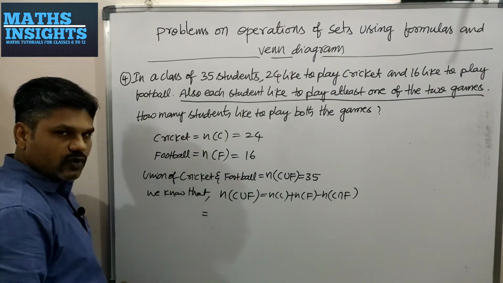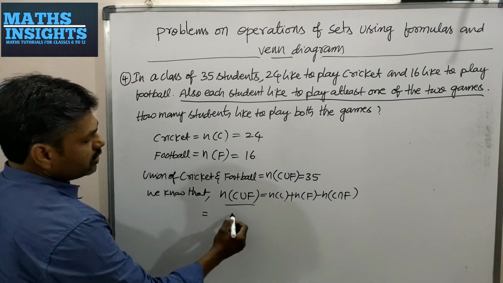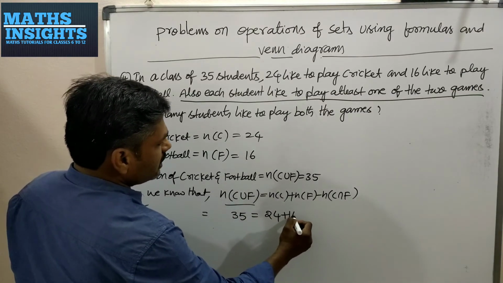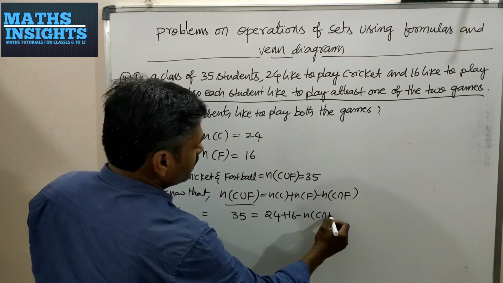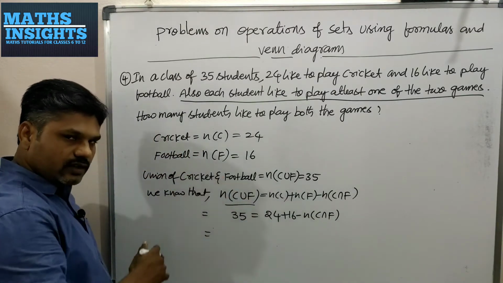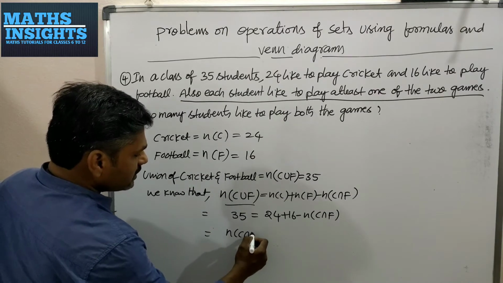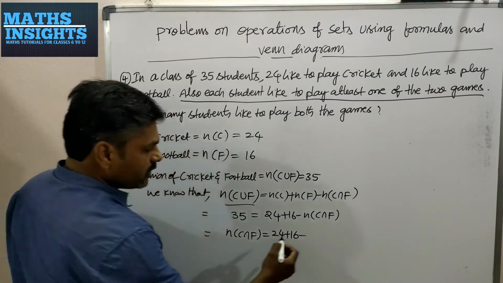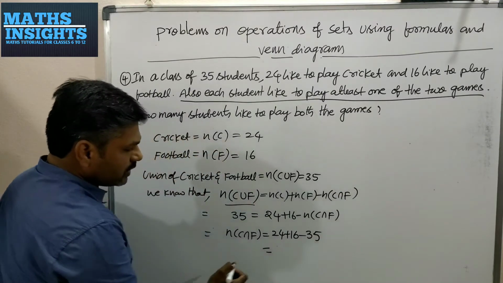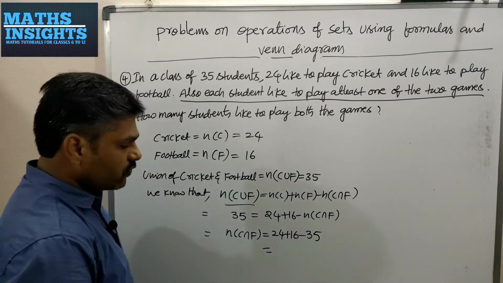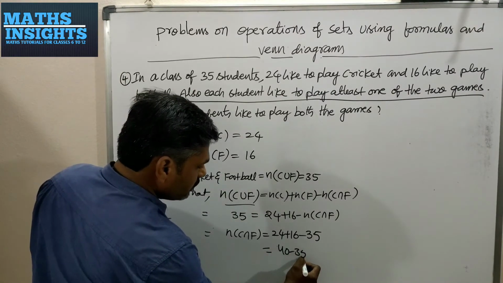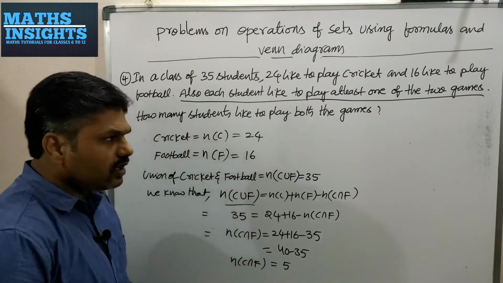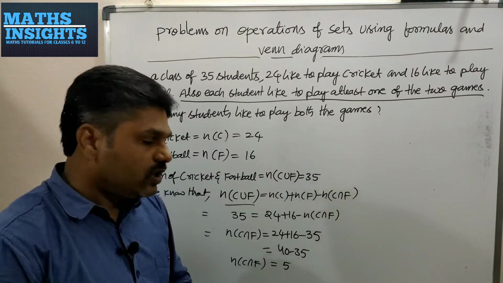If you substitute all these values, union is 35, this is 24, this is 16, and we don't know number of C intersection F. So 24 plus 16 is 40, and 40 minus 35 equals 5. Number of C intersection F, the students playing both games, is 5.